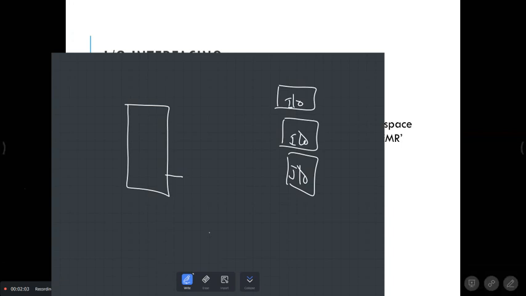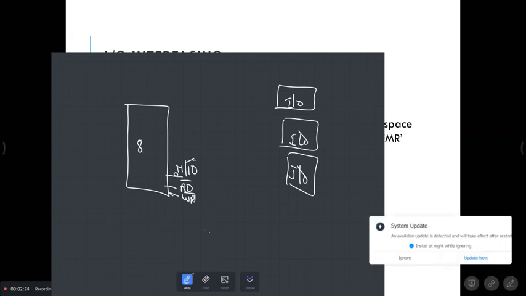You have a memory/I/O bar pin, and you have a read signal and a write signal. If you give 0 to this particular pin, that means your 8086 microprocessor is doing read and write operations to the I/O.